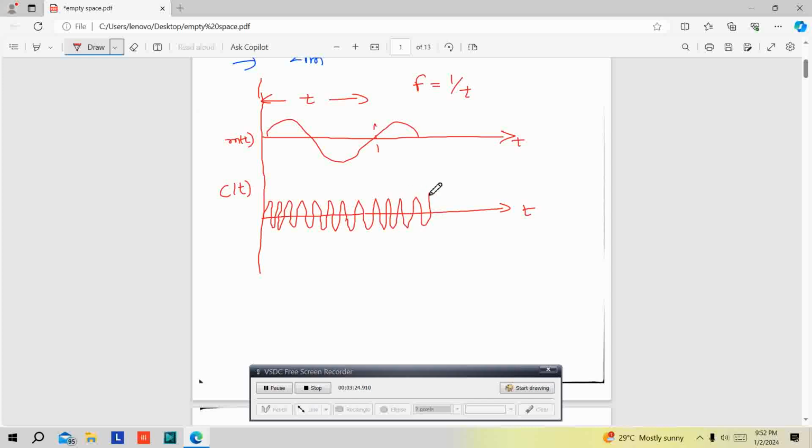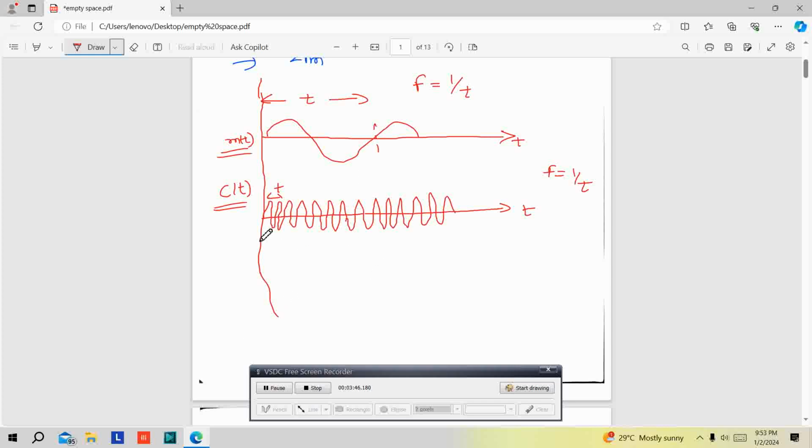On what basis do we say this is a high frequency signal? Based on T, one complete cycle, f is equal to 1 divided by T. As T is less, frequency is high. That's why the carrier frequency is higher than the message frequency.